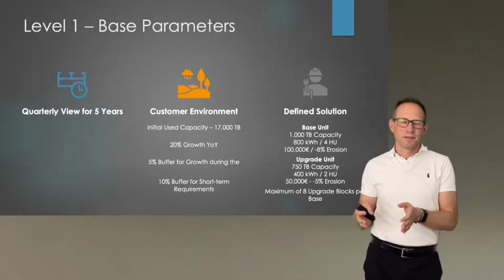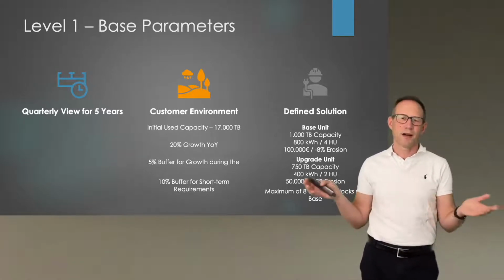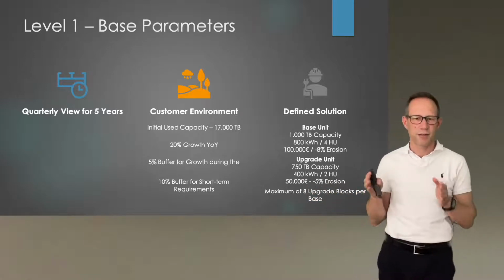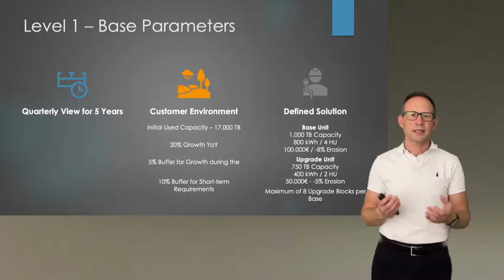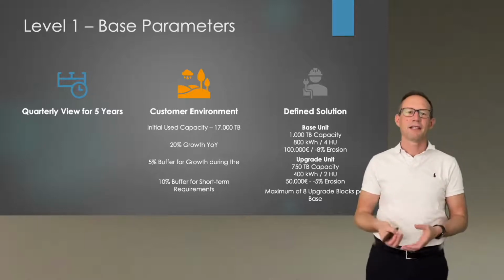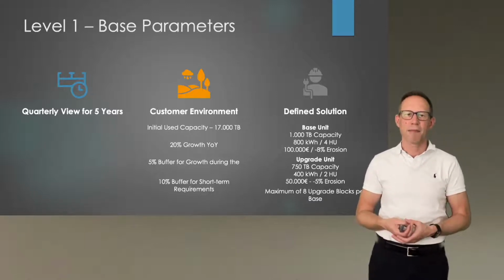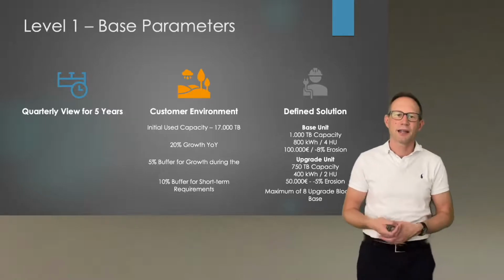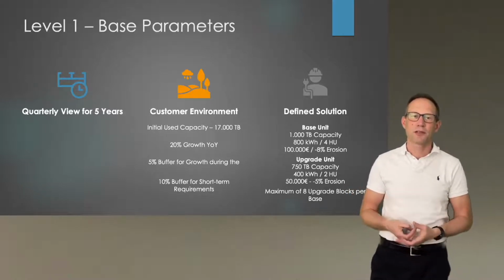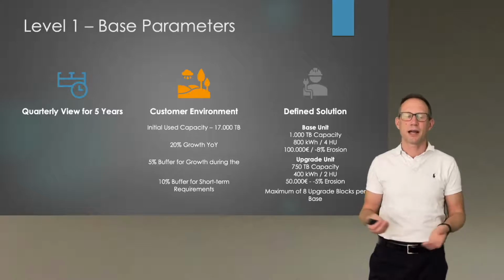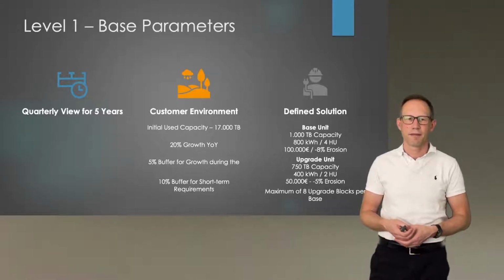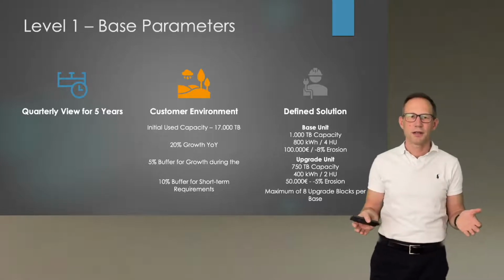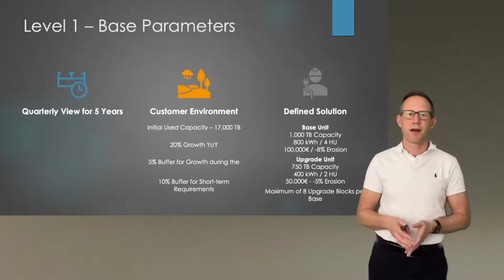We make it simple. The solution is not a configured solution, it's a theoretical solution to make it work a bit easier. So we've got a base unit, it delivers 1000 terabyte capacity with 800 kilowatt hours, 4 space units, and it costs us about 100k with an 8% price erosion year over year. The upgrade unit gives us 750 terabyte.